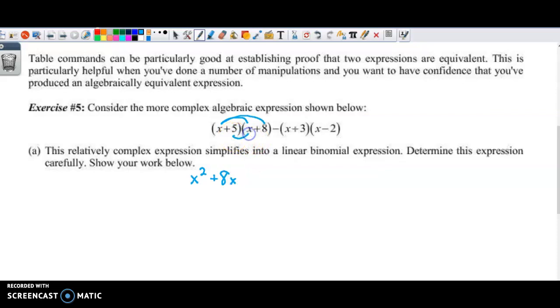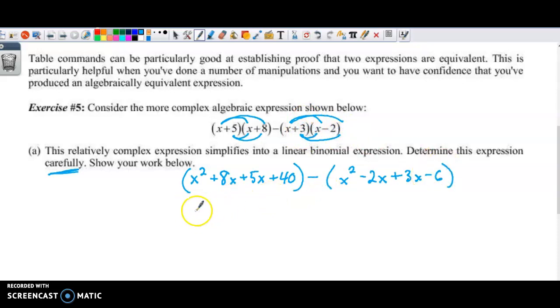But then you also have to distribute that 5 into the problem, so 5x plus 40. And then you also have to distribute over here, but be careful that it's a minus in there. And that's why the problem says carefully. You have x squared to be minus 2x plus 3x, and then minus 6 as you multiply.